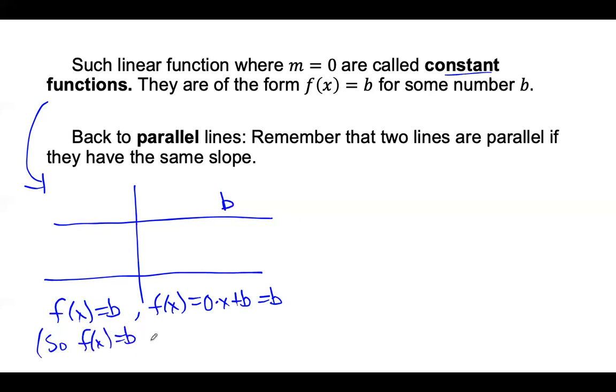It's a straight line. It's the simplest case, but a straight horizontal line is a constant function, and the slope here is 0, because as you see, as x changes, y isn't changing at all.